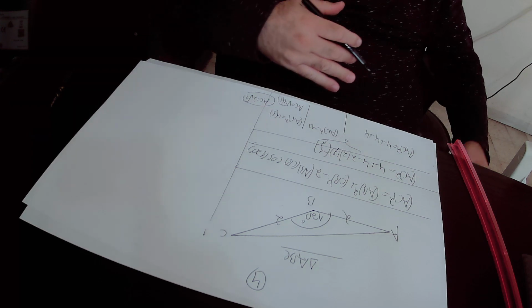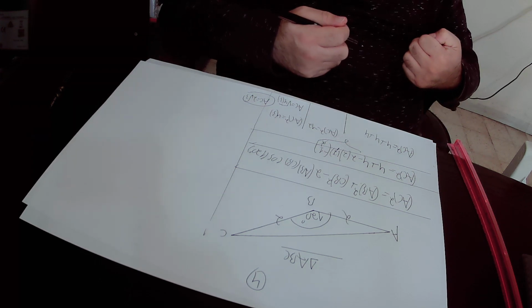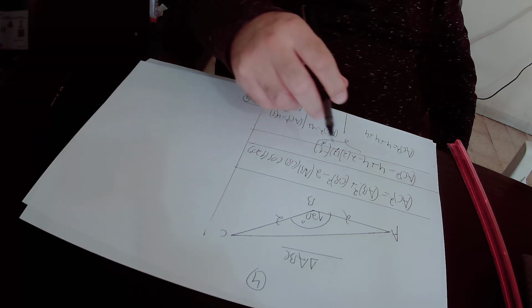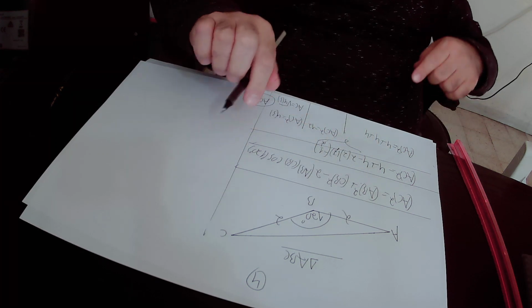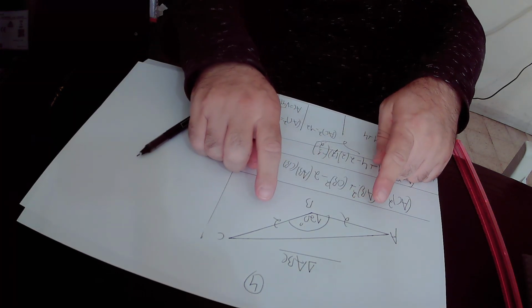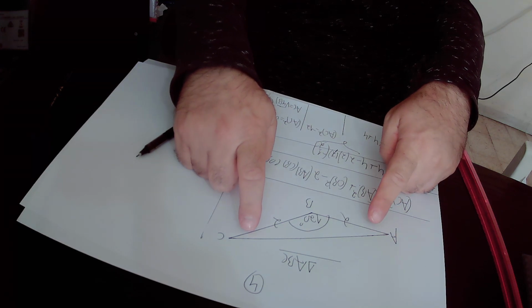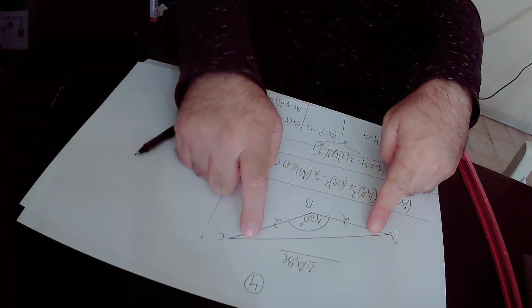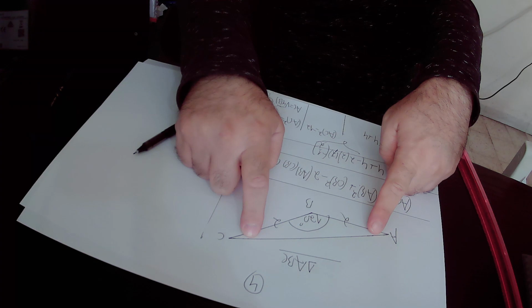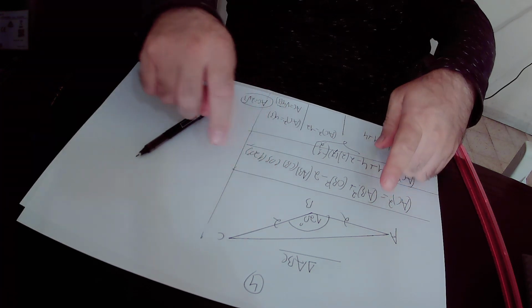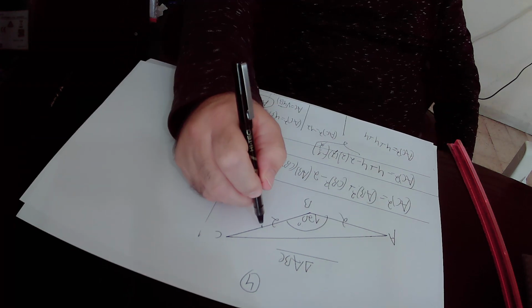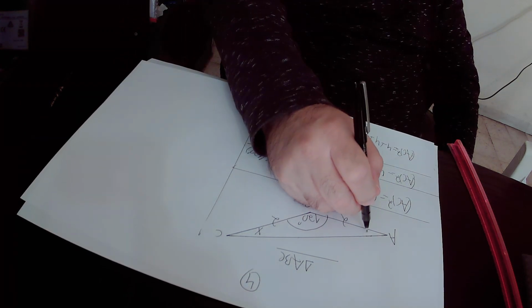And we have the rule that in front of equal sides in a triangle there are equal angles. So if this angle equals x, then this angle must also equal x.